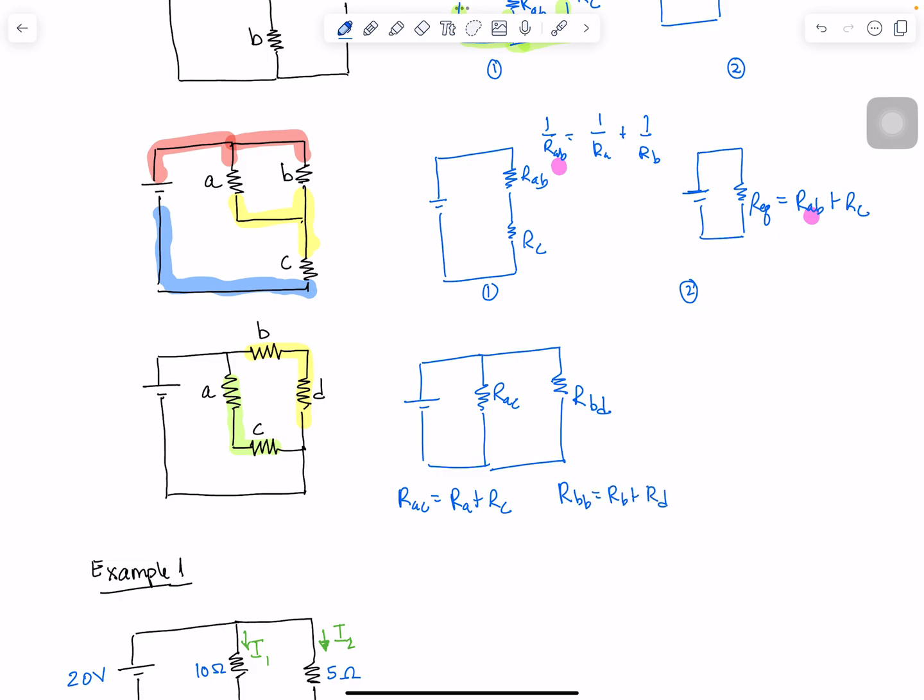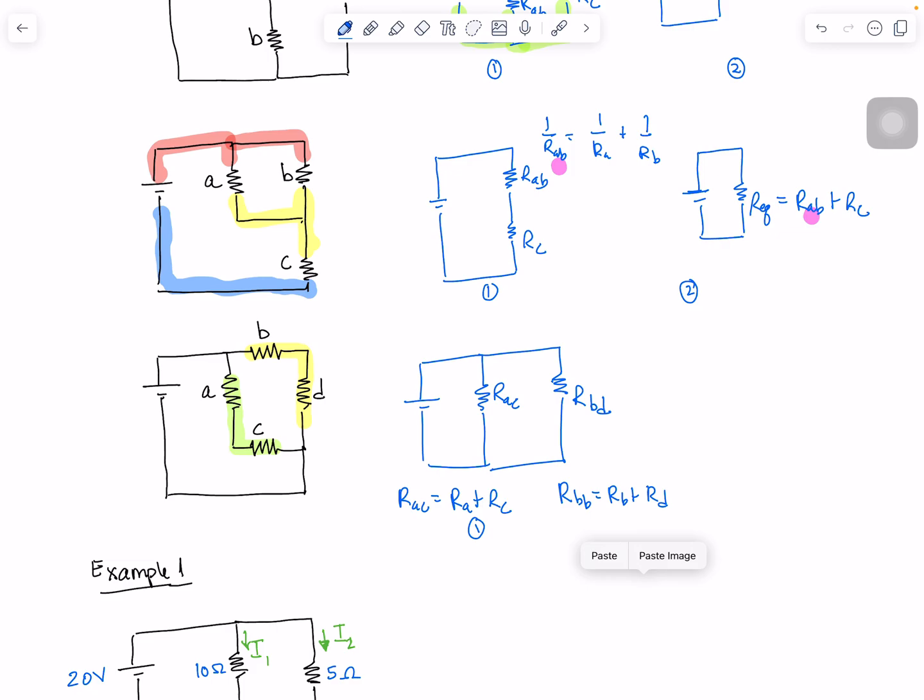Now, the thing I want to emphasize is these are mathematical equivalences. In my circuit, I still have 4 resistors, but I'm using these mathematical rules in order to figure out what is the current through each resistor.